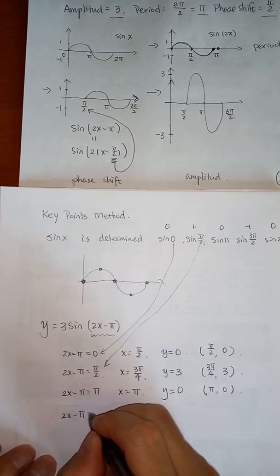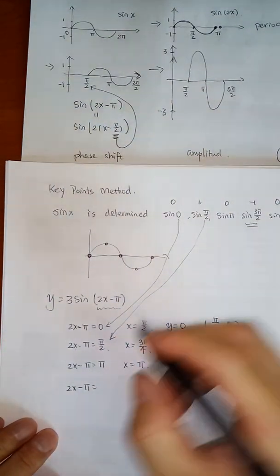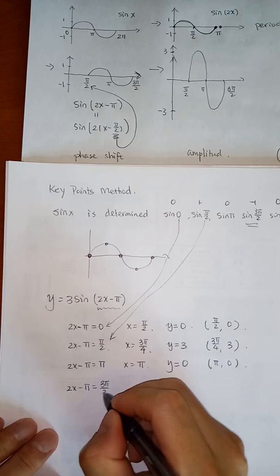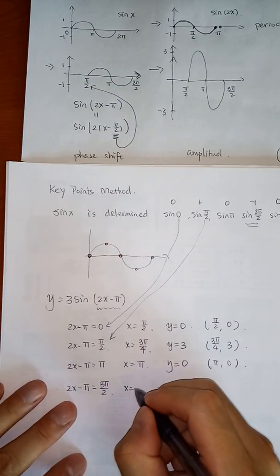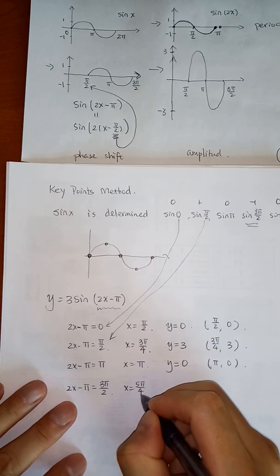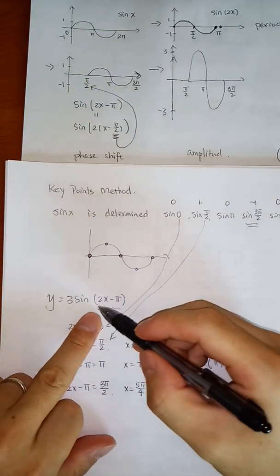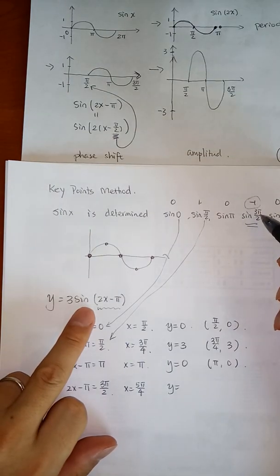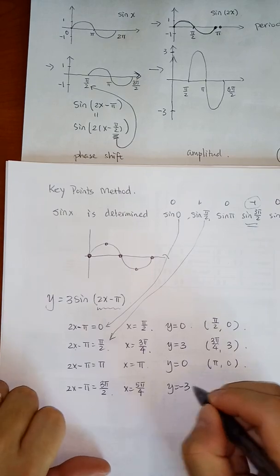Next, 2x minus pi is 3 pi over 2. You simplify it, x is equal to 5 pi over 4. Sine 3 pi over 2 is negative 1, times 3 is negative 3.